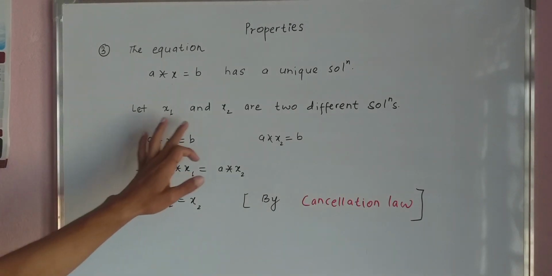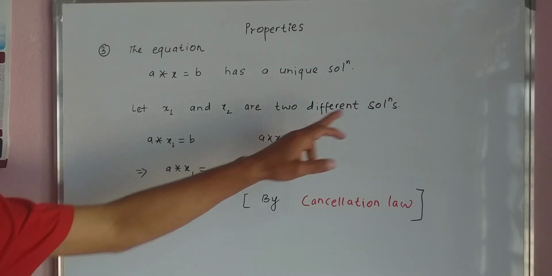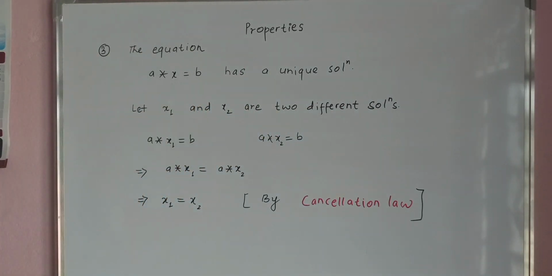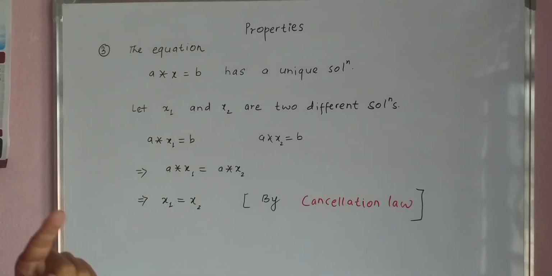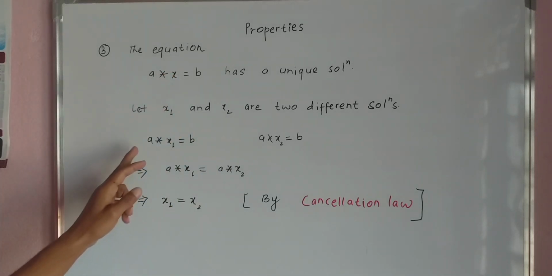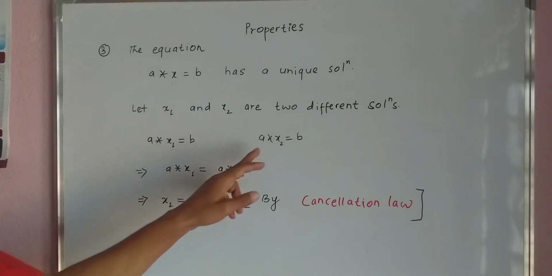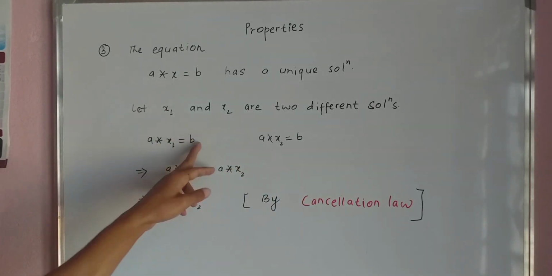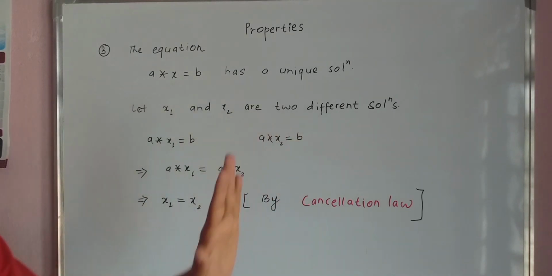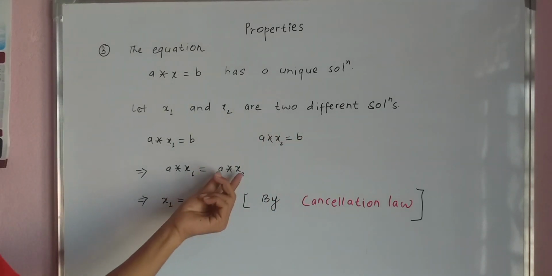So let x1 and x2 be two solutions of this equation. Then, because x1 and x2 are solutions, they must satisfy the equation. Therefore, ax1 equals b and ax2 equals b. Then ax1 equals ax2.